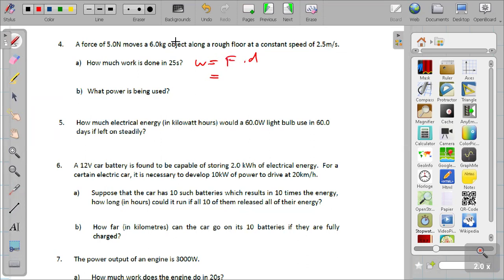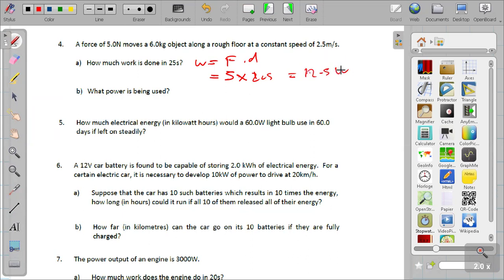So the force is 5. Then power, sorry, force into velocity. 5 times 2.5 is going to be 12.5 watt.